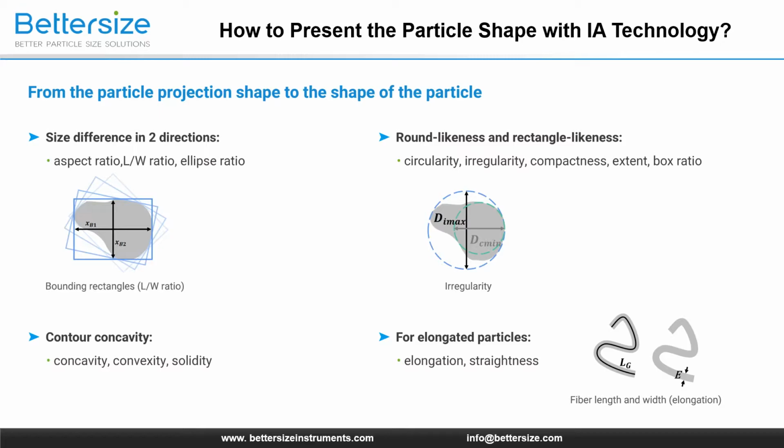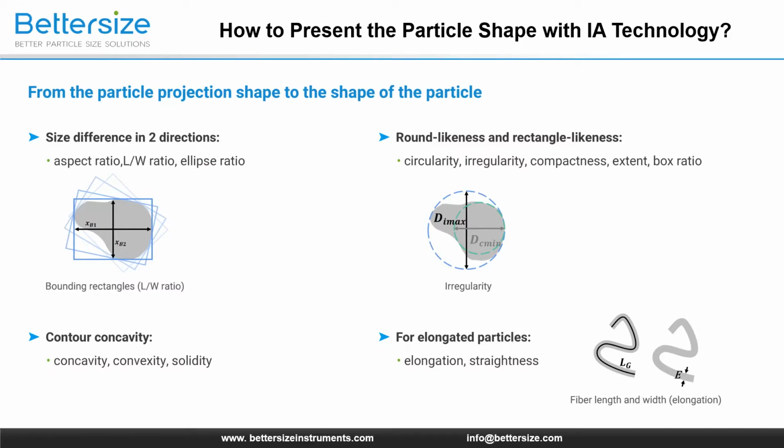Another example is the irregularity, which is the ratio of the maximum inscribed circle diameter to the minimum circumscribed circle diameter. Any particles with bulges, sharp corners, etc., will have a low irregularity value. The more the particle projection shape is similar to a circle, the closer the irregularity value is to 1.